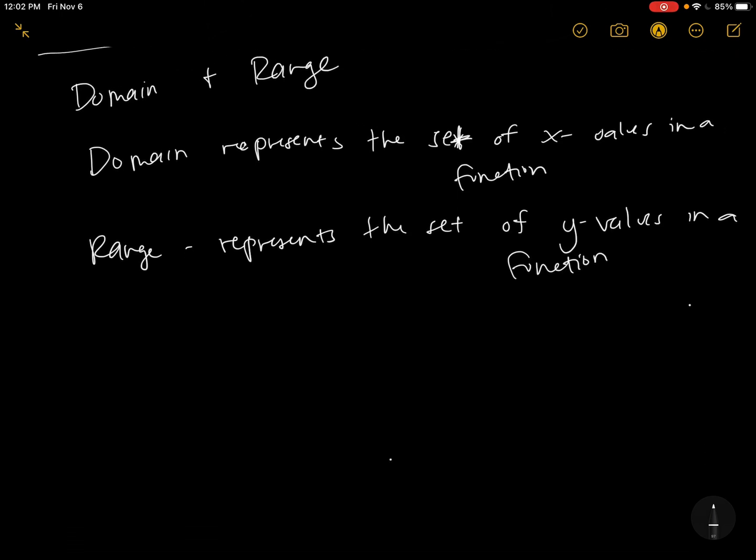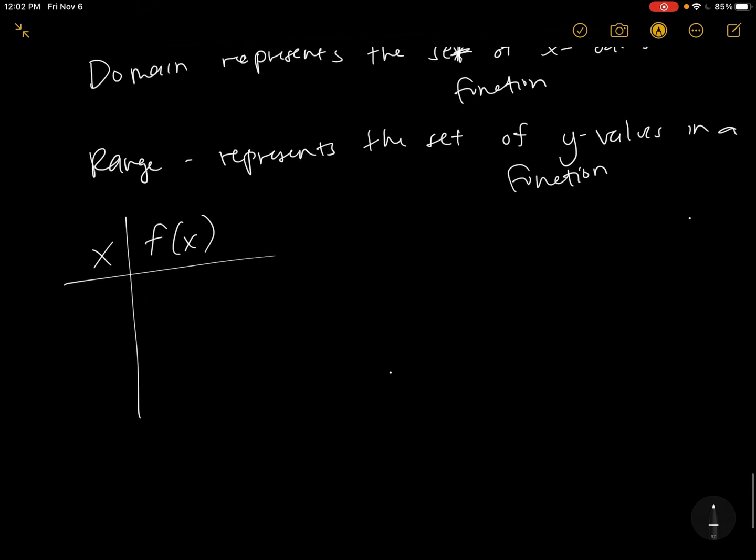Okay, so let's say you're given this table of values. It goes from -1, 0, 1, 2, 3, 4.